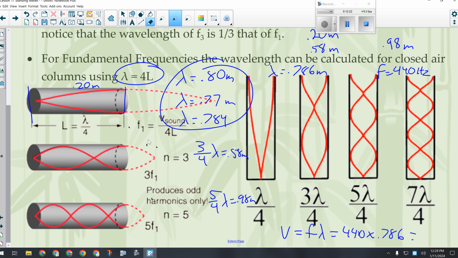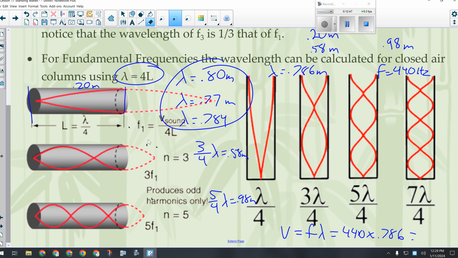Any harmonic that is an odd number, I'll get that loud antinode at. Anywhere that's quiet is where I've got a node at the top.